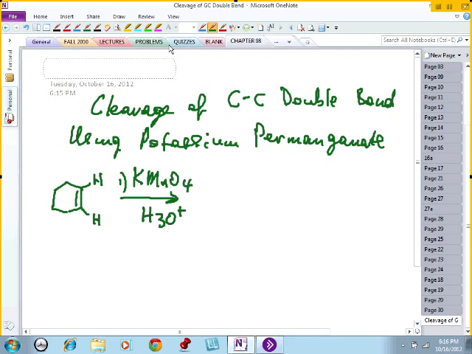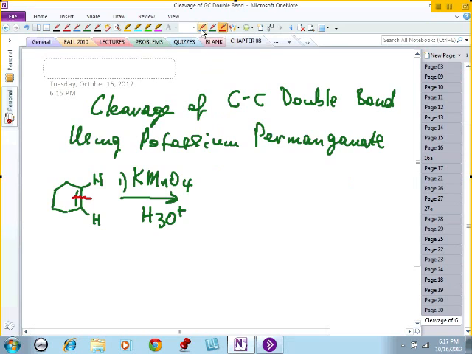So what you have, you will cleave this carbon-carbon double bond so that this carbon here becomes the carbon of a carboxyl group if this carbon is attached to a hydrogen atom. Similarly, this becomes the carbon of a carboxyl group if this carbon is attached to a hydrogen atom. So in this case, what do we get?